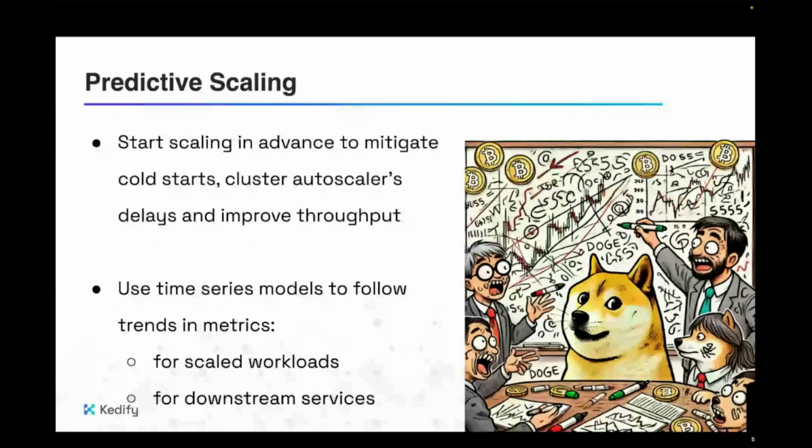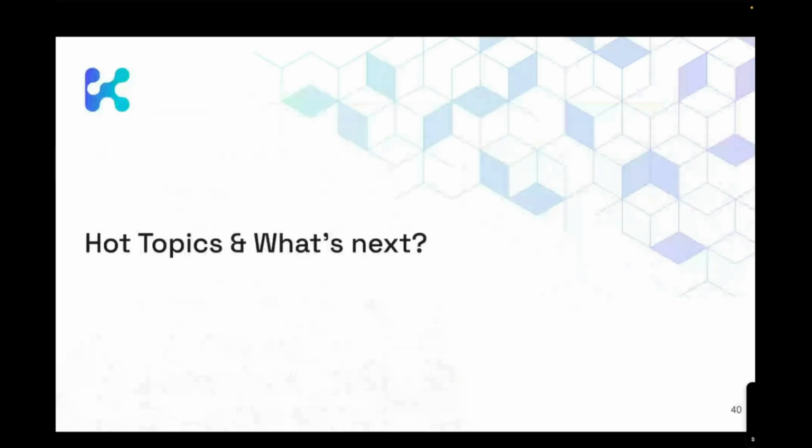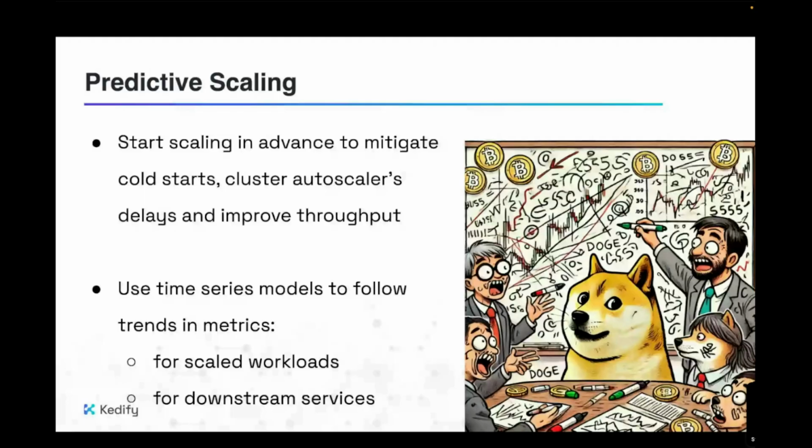So the idea is to get all the metrics that we are getting, feed them into some time series model, like Prophet, and try to predict the actual load. This is a very good solution for workloads that have some kind of periodic, repetitive load coming to the service. In this case, with predictive scaling, we can start scaling out a little bit in advance, so the application can then handle the load more gracefully.